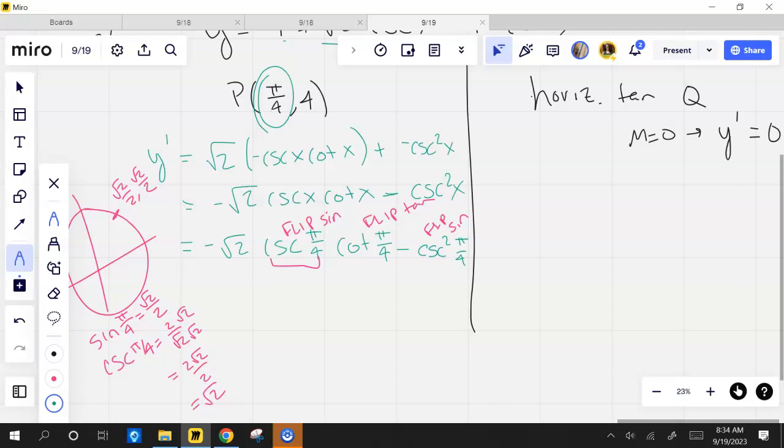And then this was negative, so I just put the negative in front since this was multiplied. So this is going to be negative square root of 2. This is going to be square root of 2. Cotangent of pi over 4. Well, if these are the same and tangent divides sine divided by cosine, then what's the tangent?